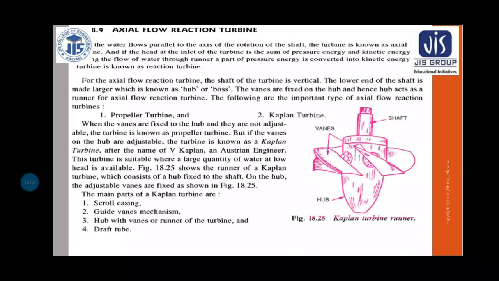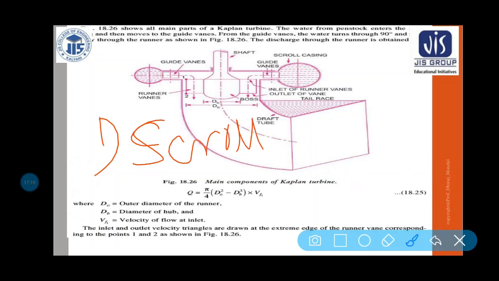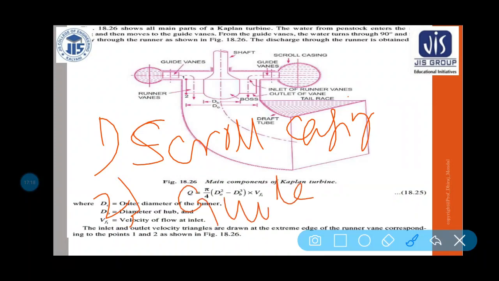Now, there are mainly 4 components of the Kaplan turbine. Number 1 is the scroll casing. Number 2, guide vane mechanism. Number 3, hub with vane, or runner of the turbine.